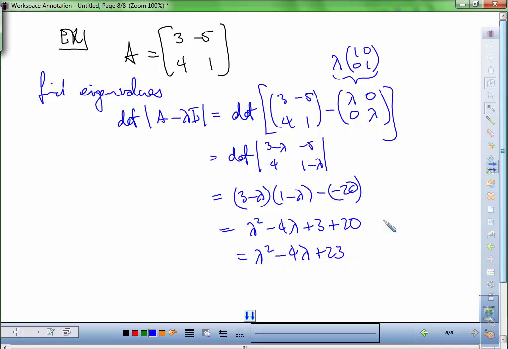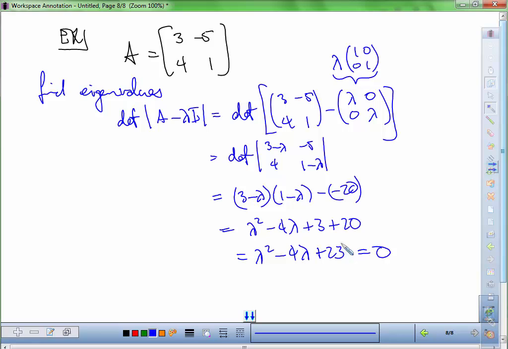And this is why I shouldn't make up problems, because I'm going to get some weird answers now. We want this determinant to equal 0, and this is where you would solve for it using the quadratic formula. Ideally, if this is a nicely set up problem, you can factor this. I don't think you can factor 23, so we're kind of screwed.